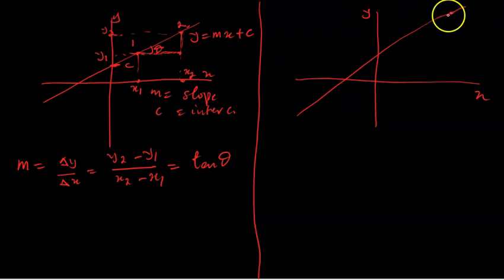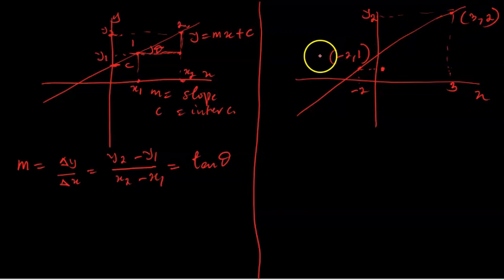Point 1 here has x as minus 2 and y as 1, so this point is tagged as minus 2 and 1. And this point has x as 3 and y as 2, so it is tagged as 3 and 2. Let's call this point P and this point Q.